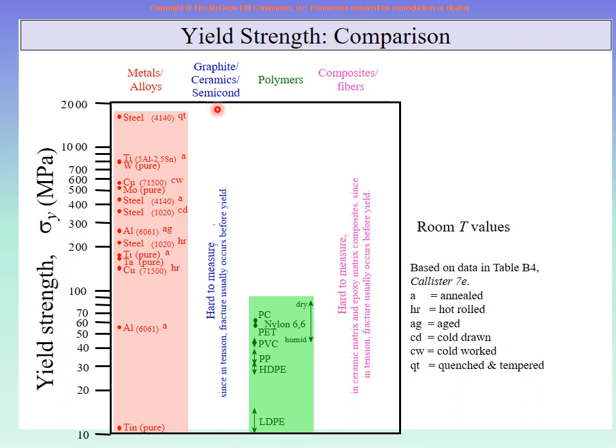You should be very clear that no, I will not read, I will try to answer from my own mind. So for ceramics, why is it hard to get the value of yield strength? Why are no yield strength values reported for ceramics? Anybody? What is the most important property of ceramics? They are very hard and very strong, and they are brittle.